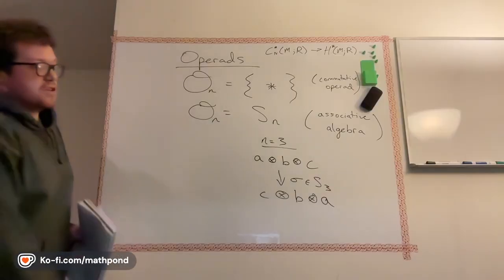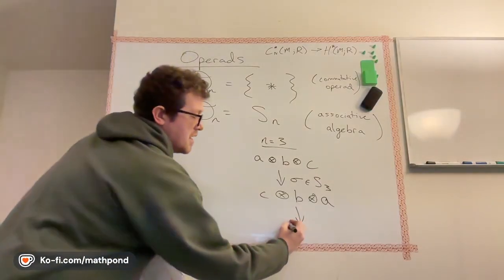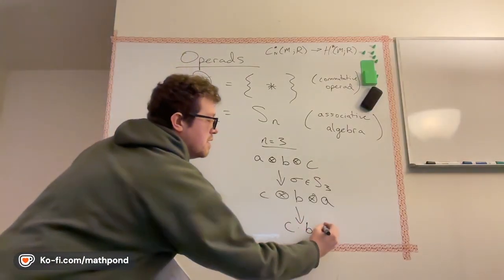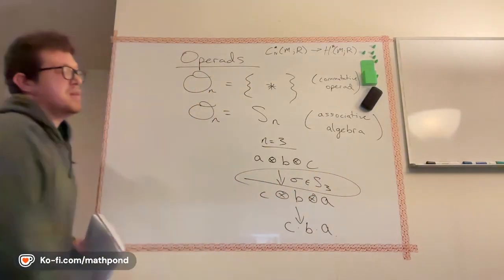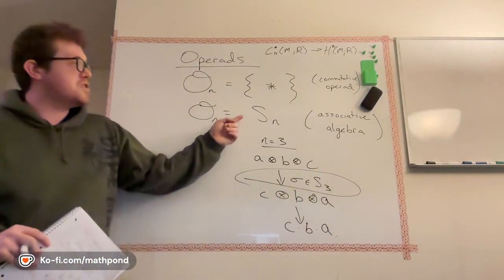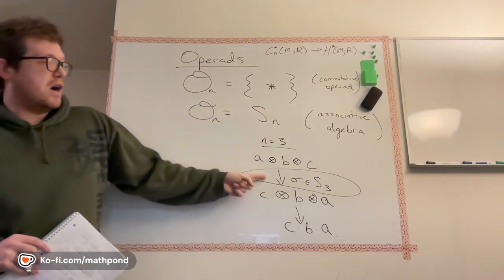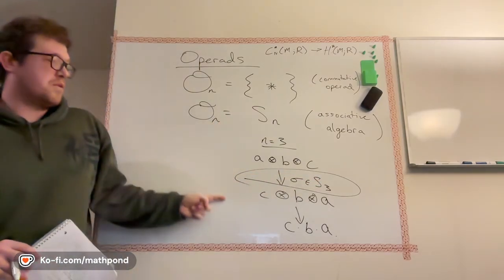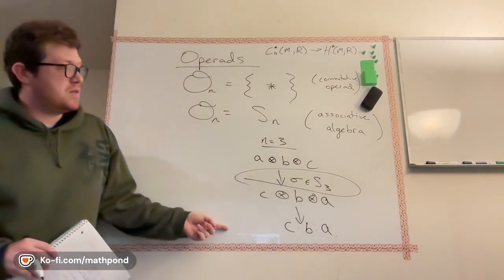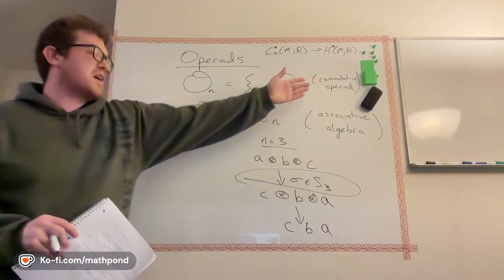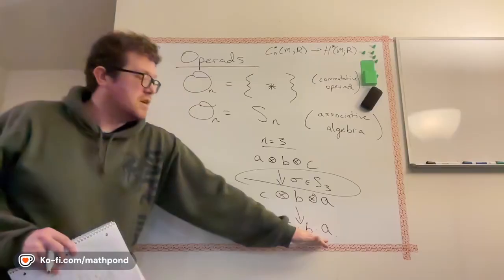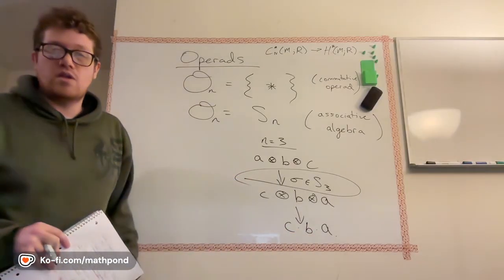Then if it's an associative algebra, I can just multiply them and I get the product of C times B times A. At this step, I can apply any permutation I want, so the permutations are parametrizing the different ways I can multiply 3 things. If it's an associative algebra that's not commutative, I might get different results depending on the permutation, right?